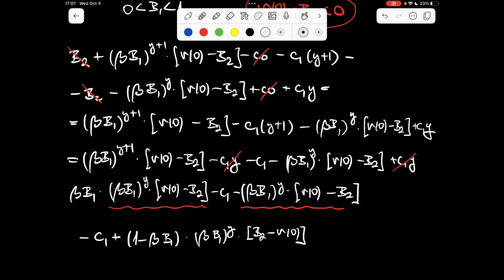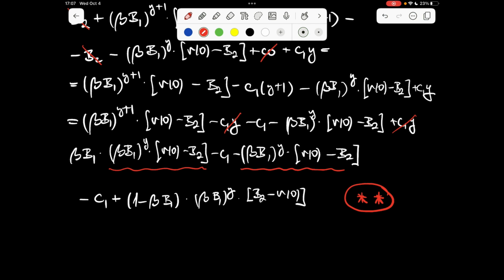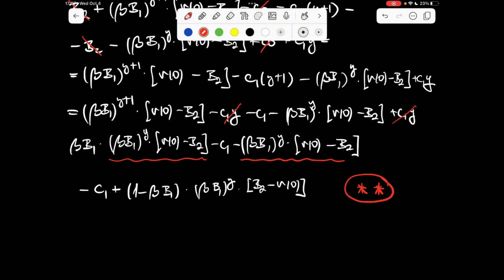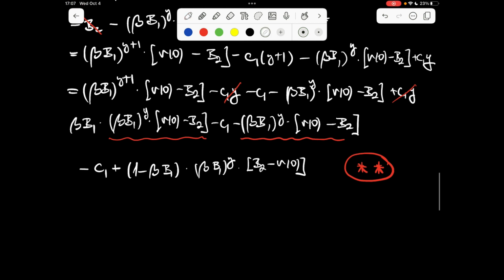And this is an important step. I'm just checking. Yes, it's correct. So this is an important expression, so let me highlight it. Because this is the equation which we are going to use as a kind of first order condition.